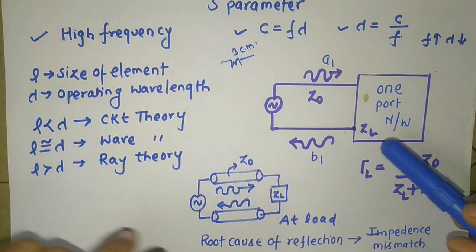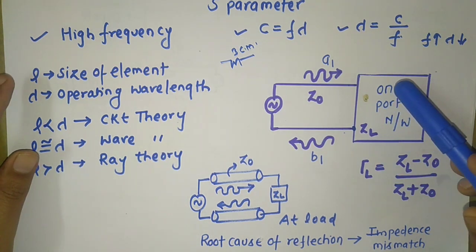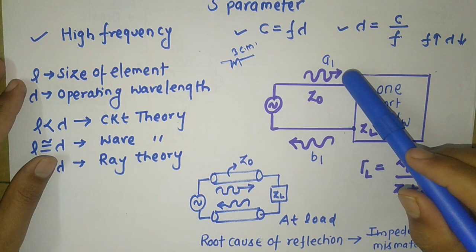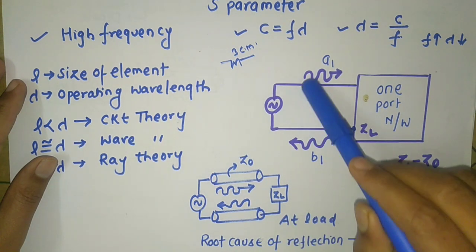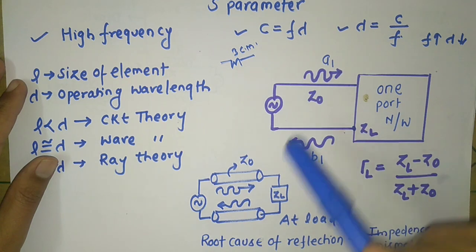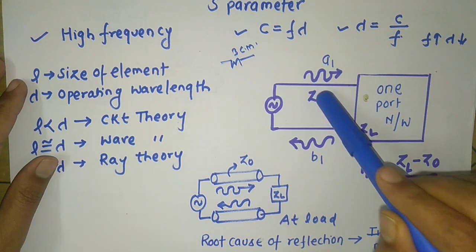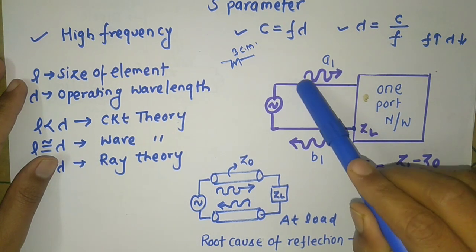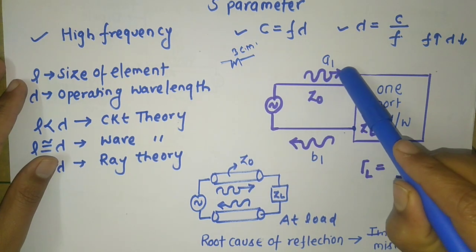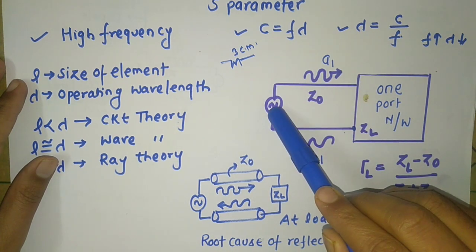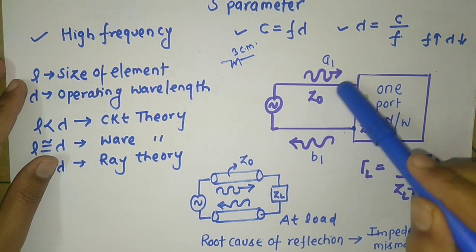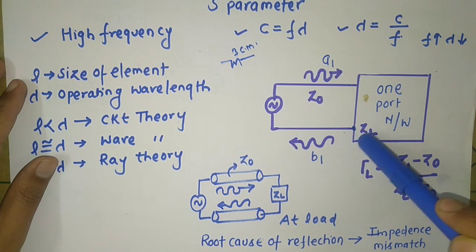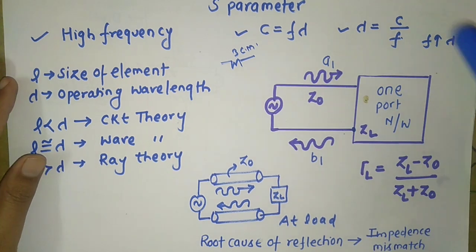So in the case of high frequency, you have noticed that we always consider the wave behavior. This section is acting as a transmission line. It has some characteristic impedance. We are considering the incident wave. The incident wave always travels from source to load, and because of impedance mismatch we get a reflected wave.